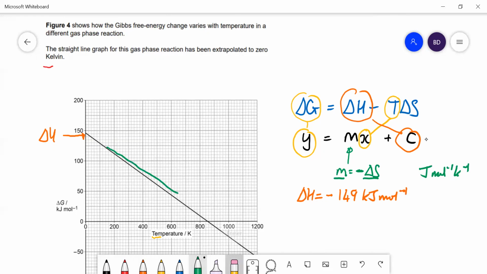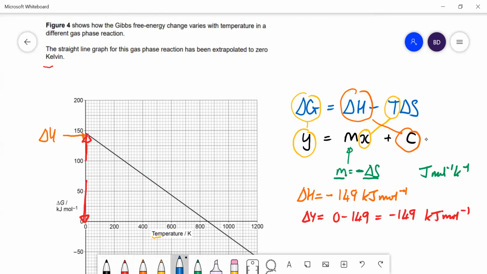So let's work out the gradient. I'm going to use this little triangle here. There's our change in y. So delta y is naught minus 149, which is minus 149 kilojoules per mole.